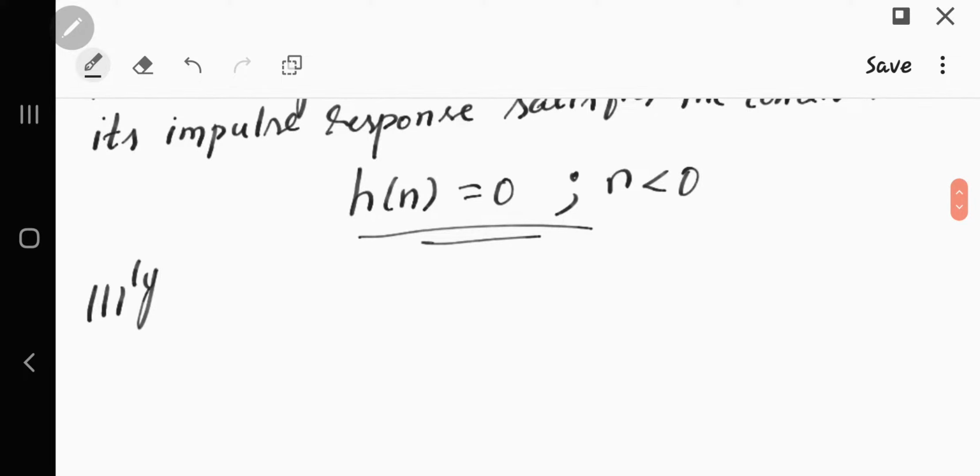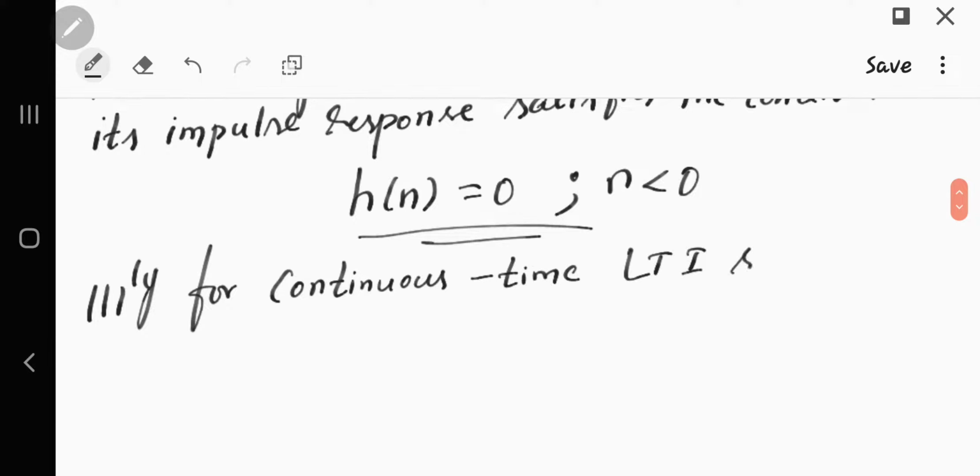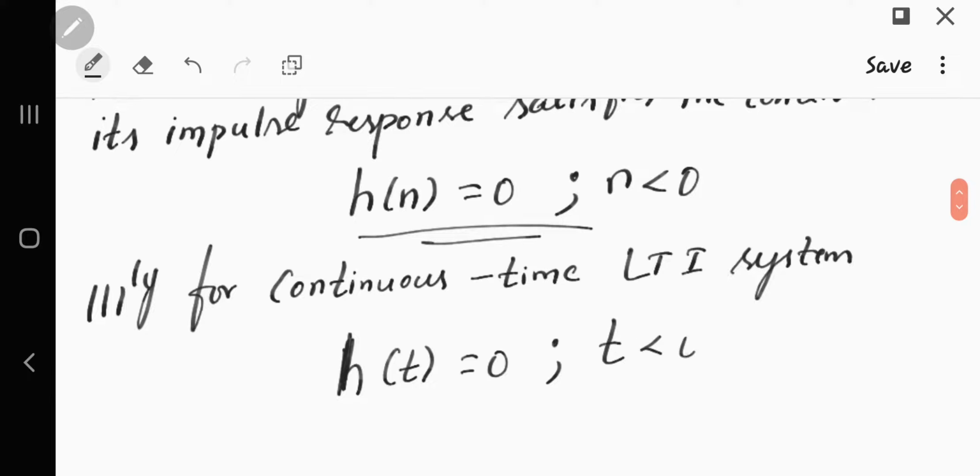Similarly, for a continuous time LTI system, the condition goes like this. The impulse response h of t should be 0 for values of t less than 0, because t represents the time index.